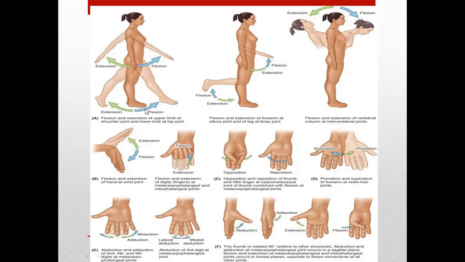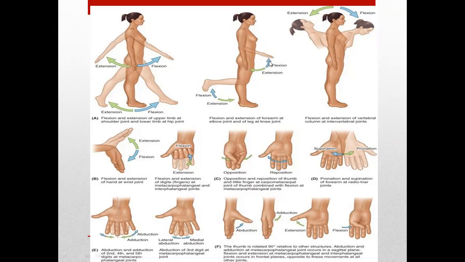If we move our leg forward, this is the flexion of the hip joint. And this is the extension of the hip joint. Basically, flexion and extension means wherever the angle decreases, it's the flexion, and when we increase the angle, it's the extension.